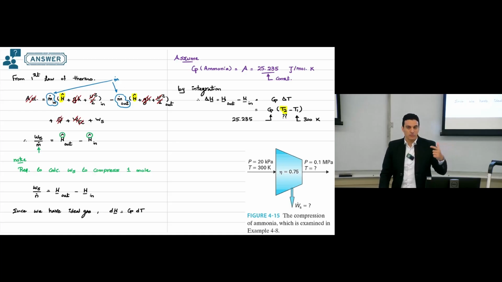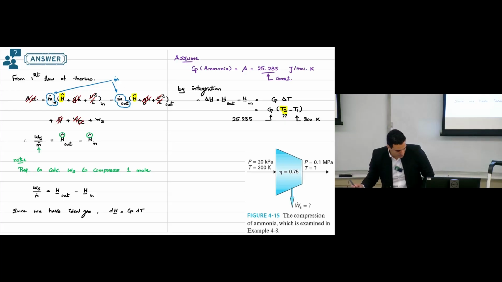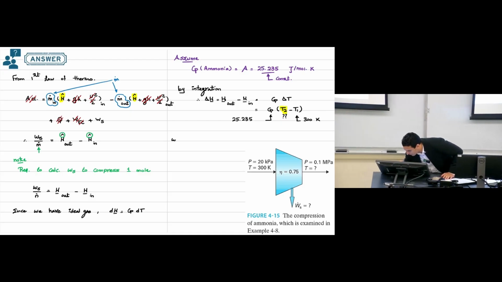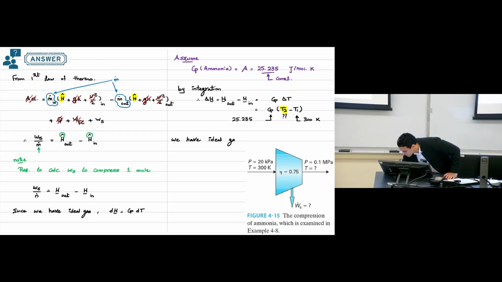If you remember from last week, we said we have equations to calculate the entropy if we have an ideal gas with constant heat capacity. One of them looks like this equation.